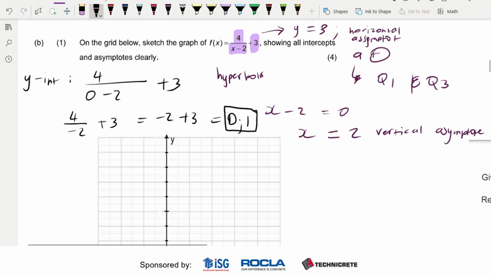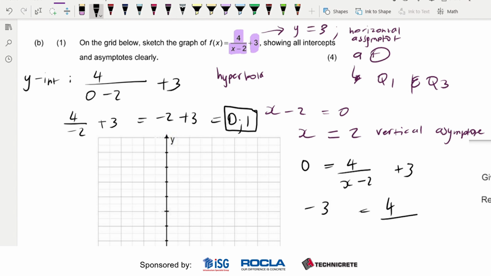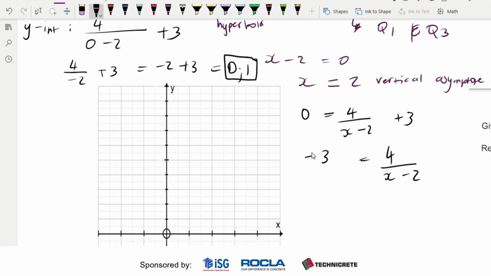Let's see if we have an x-intercept. So to get our x-intercept, we make y equal to 0. So 0 is equal to 4 over x minus 2, plus 3. This would give us negative 3 is equal to 4 over x minus 2. We can multiply the denominator on both sides. So this will leave us with negative 3x plus 6 is equal to 4.